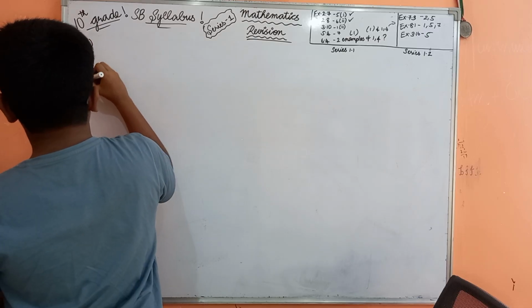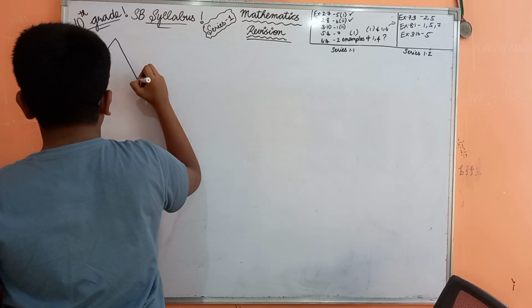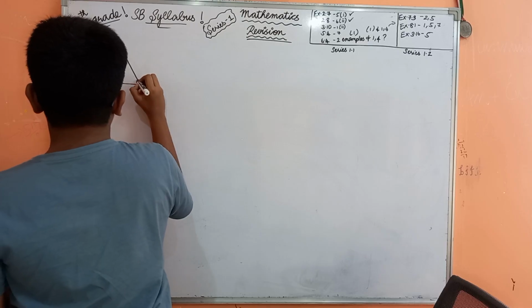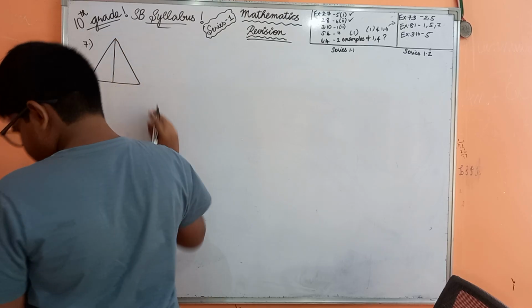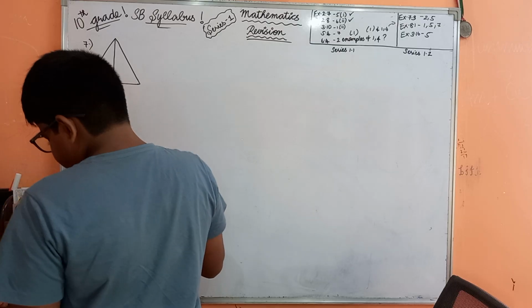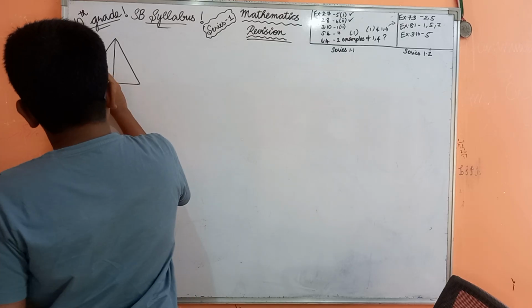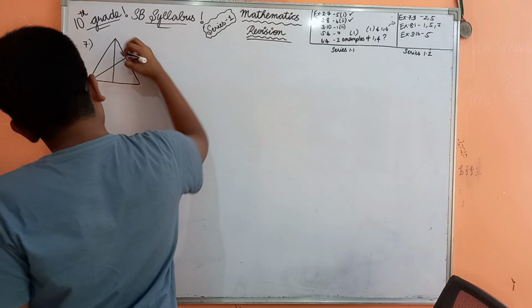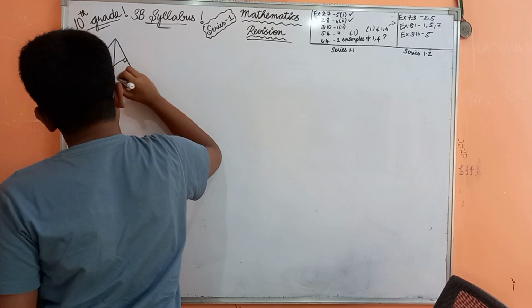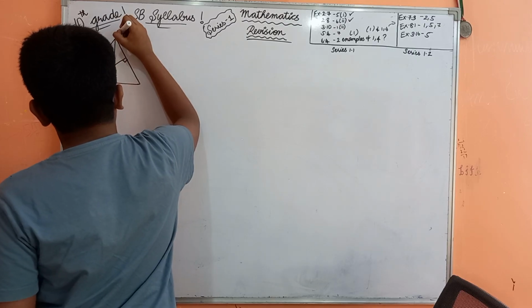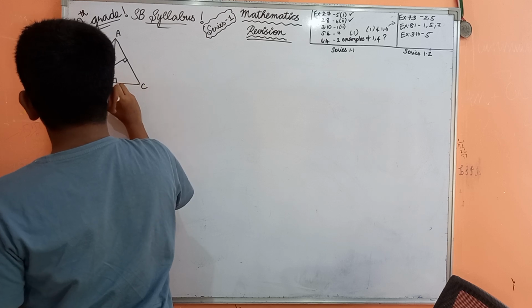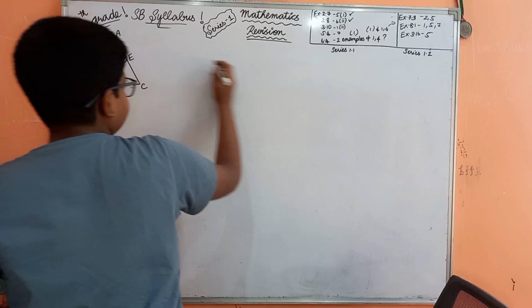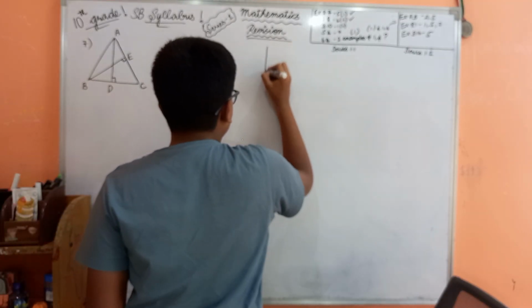So there is usually a triangle you're going to draw for it. The question says that there are vertices. So you can see that this is a triangle, so it's a right-angled triangle. So this is A, B, C, D, and E. So you have to divide this into 2 parts.